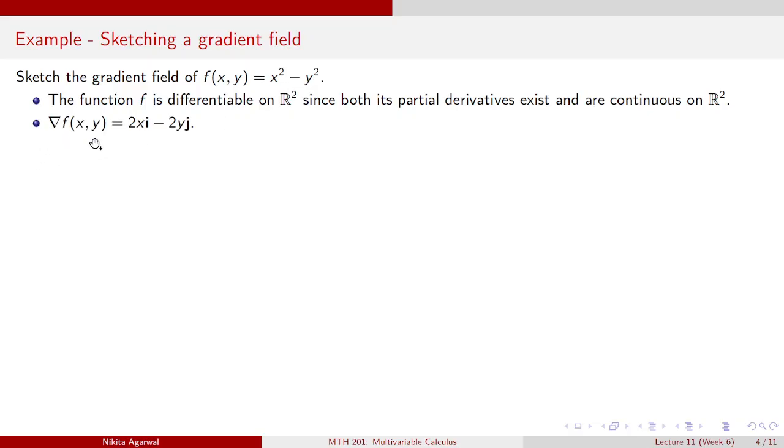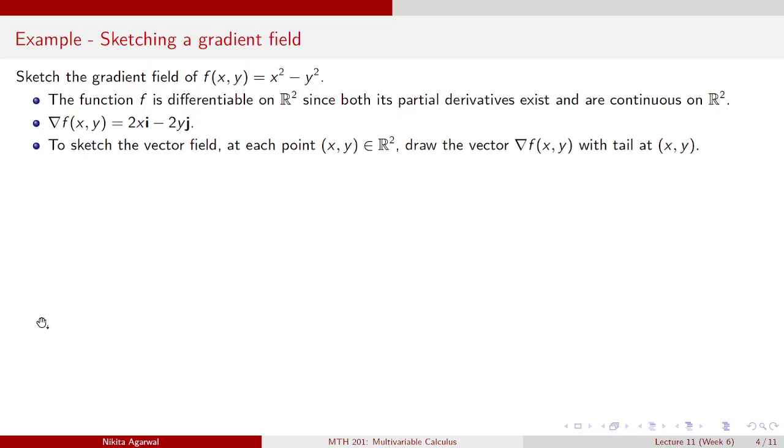What is the gradient of f at the point x comma y? It's fx i plus fy j. What is fx? fx is 2x and fy is minus 2y. So this is the gradient function. To sketch the vector field, what did we say?